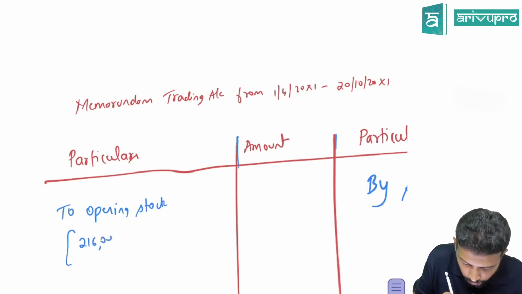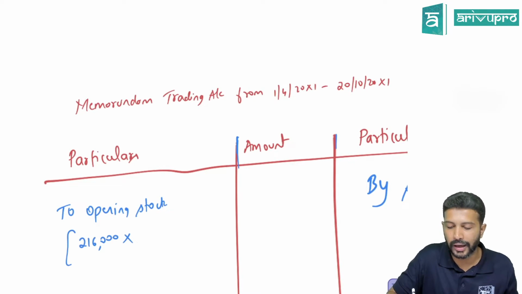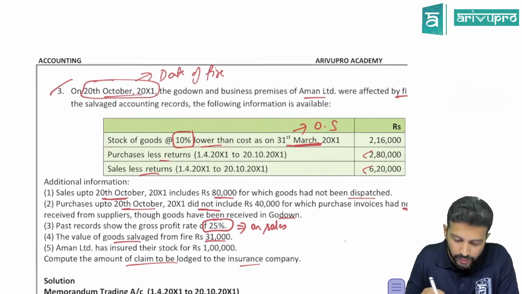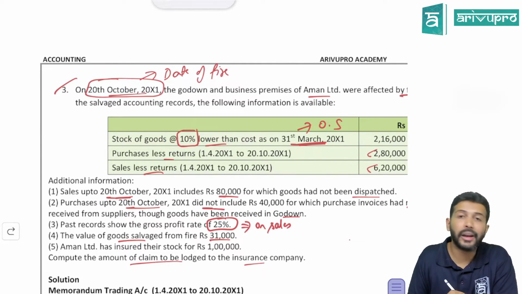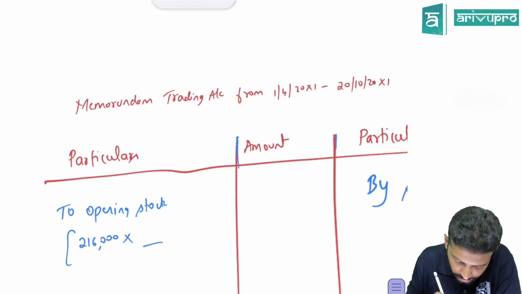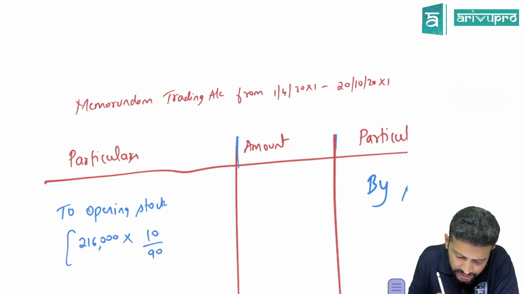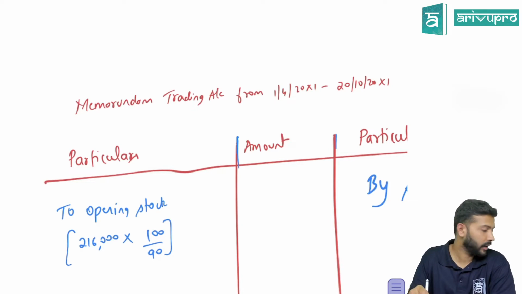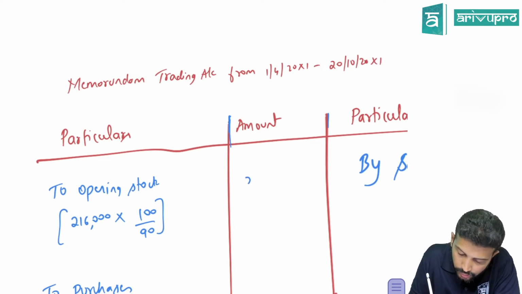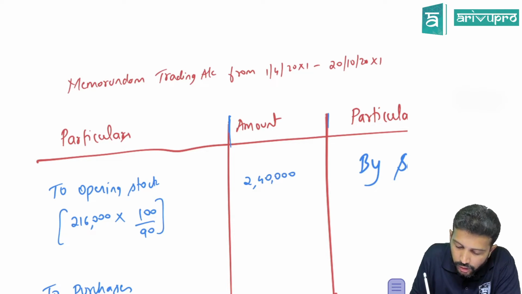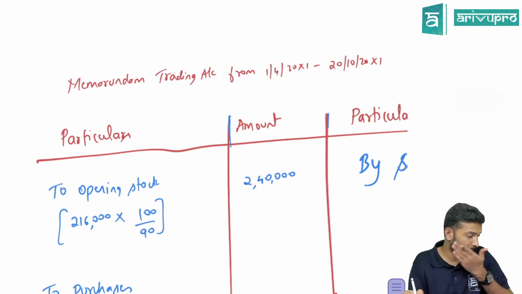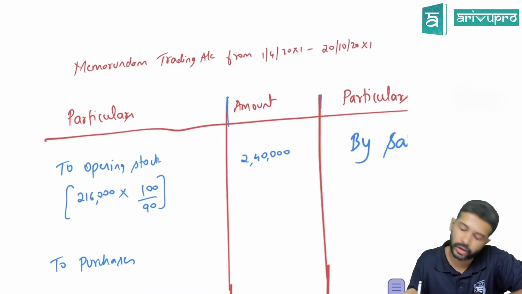But is that valued properly or was it undervalued? They valued it 10% lesser. That means this 2,16,000 represents 90. But if we want the correct value, which represents 100, multiply by 100. 2,40,000 is the value of opening stock.